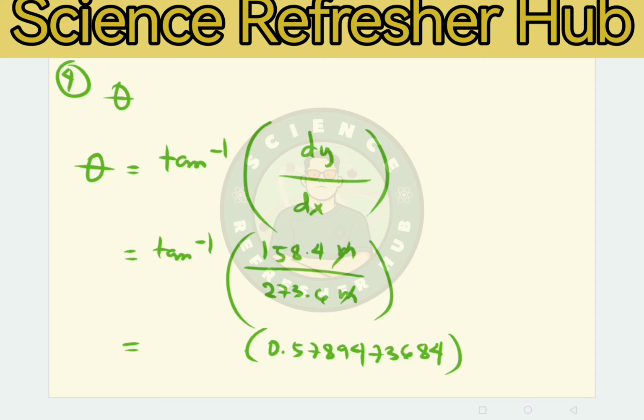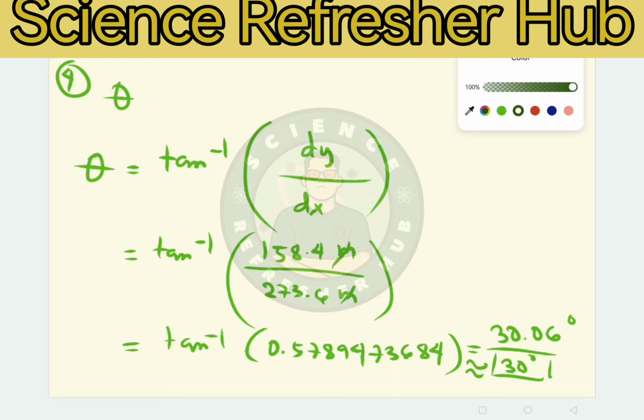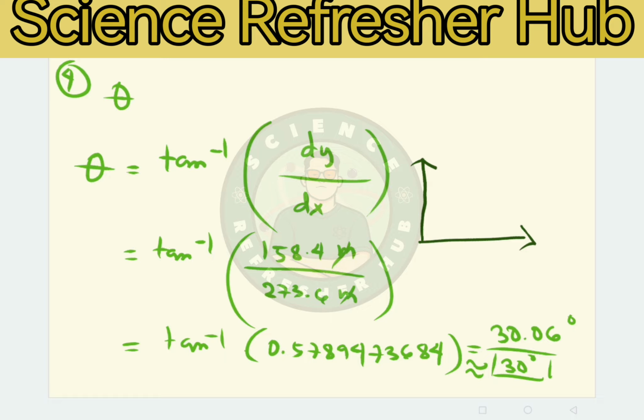So shift tan, then our angle is 30.06 degrees, or approximately 30 degrees. So if we will try to draw, I will have this direction here as our x is positive and y is positive. So we are in the first quadrant of our Cartesian plane.